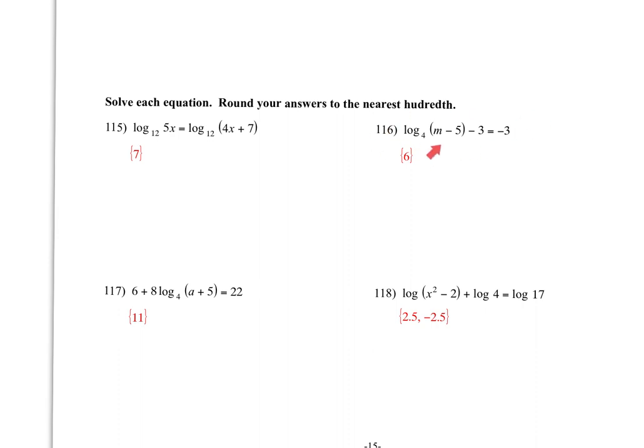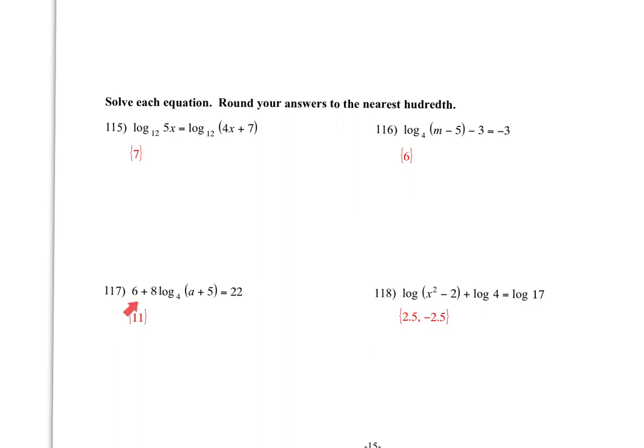If it's like this, get the log by itself, meaning add that 3 over. Well, then it's to a power, so it's to the 1. But get that log over and then raise both sides with a base 4. Your base 4 gets rid of your log 4. Over here, it's 4 to whatever power you have, okay? So make sure you're paying attention to how we're solving these.